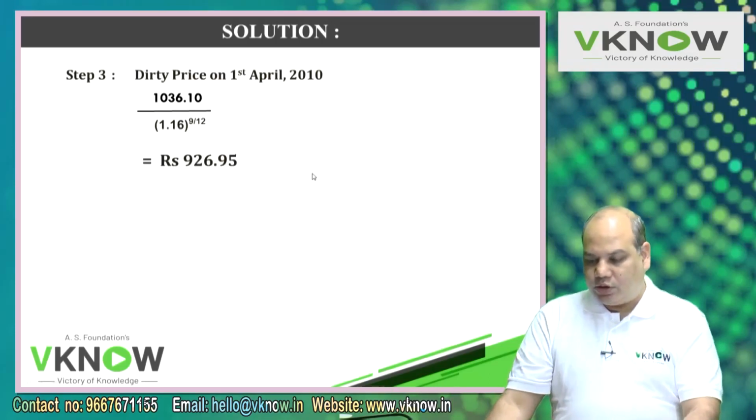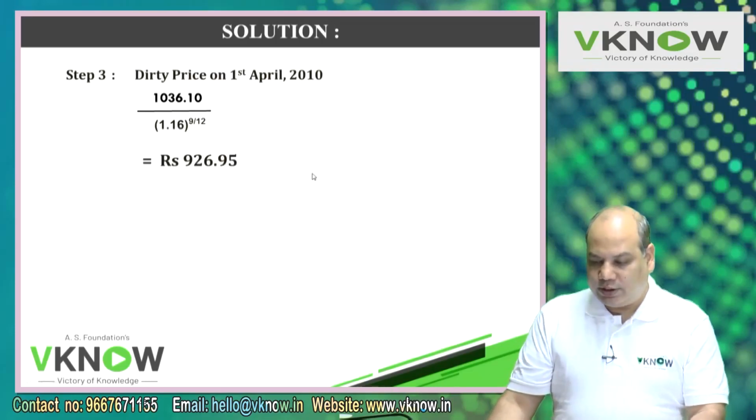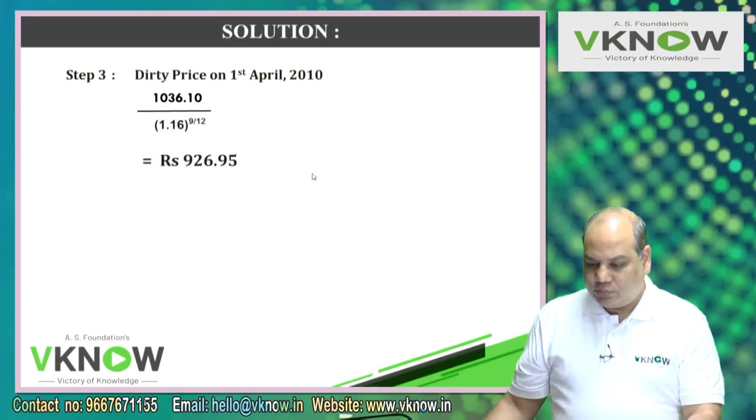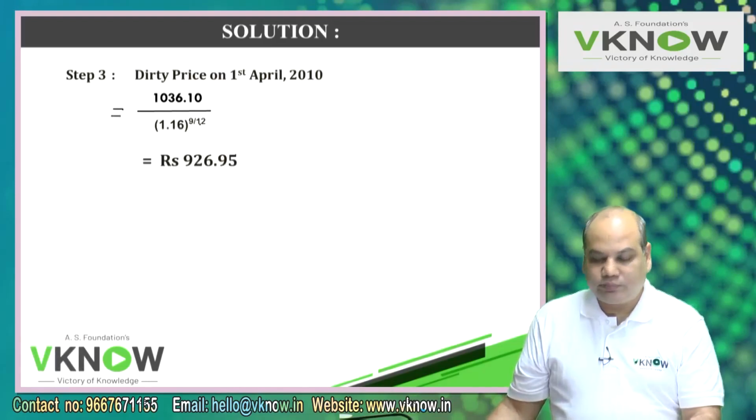Dirty price on 1st April 2010 is equal to 1036.10 divided by 1.16 to the power 9 by 12, because 9 months means 9 by 12 years.